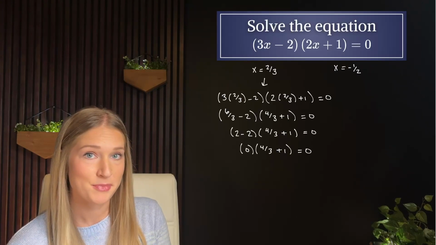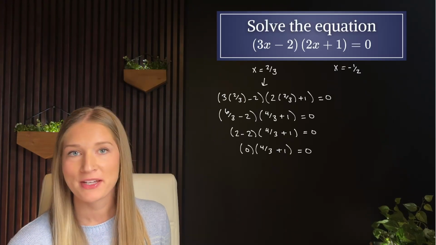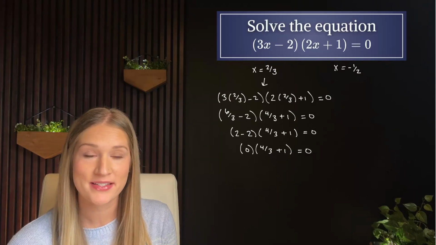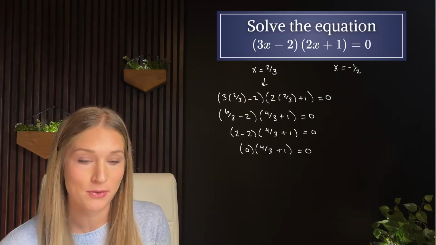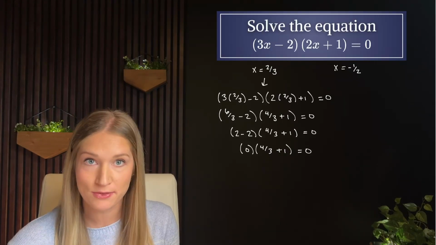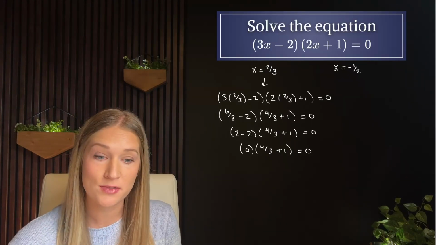Notice that I didn't simplify that second factor because I really don't care what that second factor is. All I care about is that that first one gives me 0. And then no matter what the second one is, when I multiply by 0, I'm going to get 0. So this one checks out.